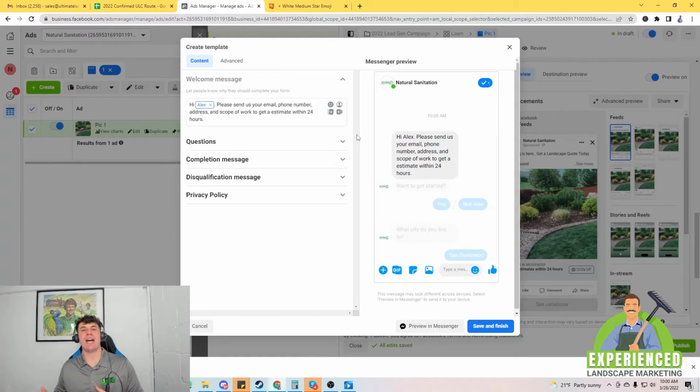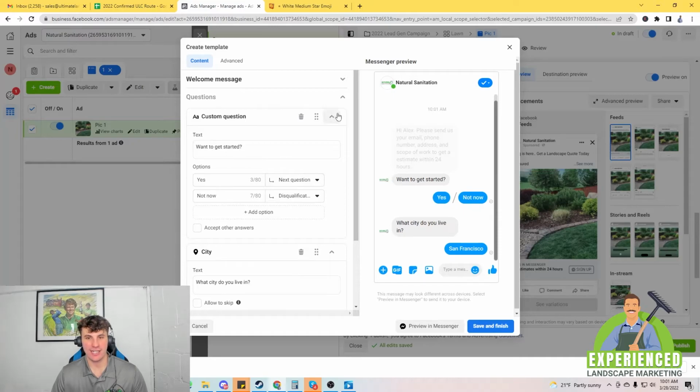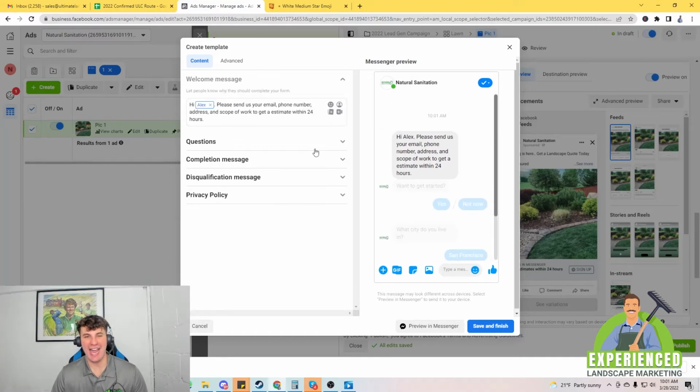Now, as long as you contact them within 24 hours, they're going to understand. You don't need to go there, measure, and send them an invoice in 24 hours. This is just to hook them and to get a lot more people filling out your form. Now, you don't need to have any questions on here, because this welcome message asked that, and people are going to be able to understand.